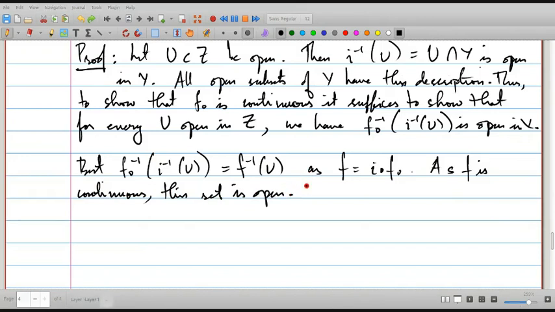So this shows that f naught is continuous. So we will use this result soon.